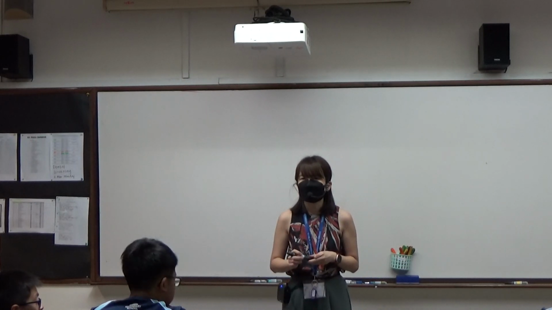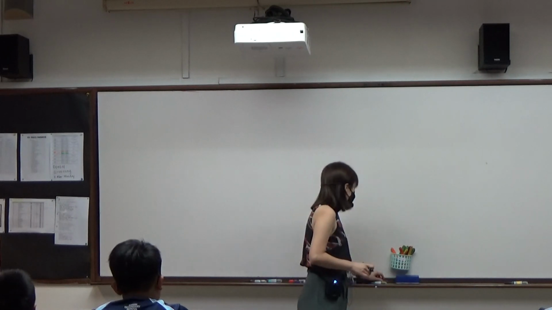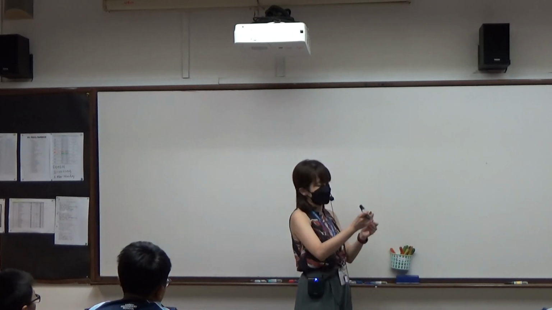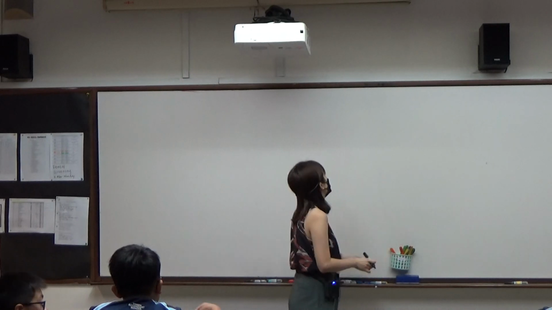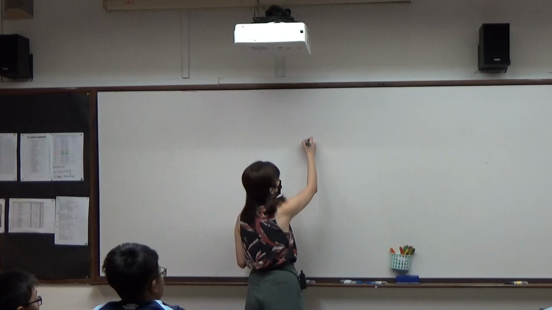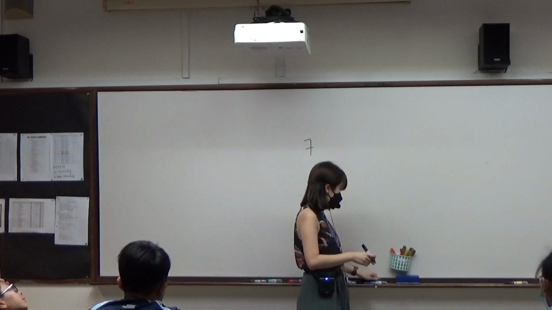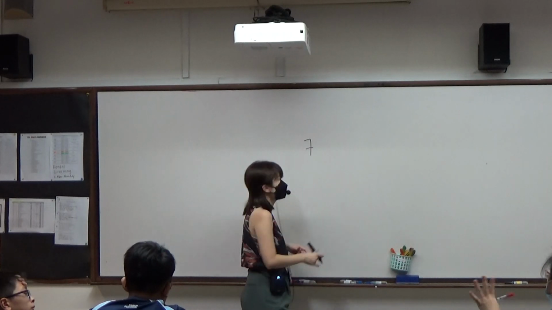Do you want it to be a decimal or a whole number? Whole number? Okay. So now we're looking at a whole number. Then Joe can give us the first digit. 7. Then next digit, Trixie. 4.